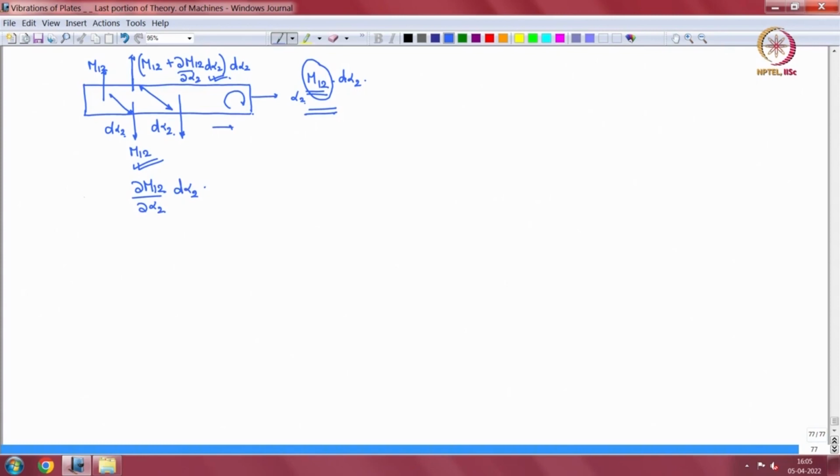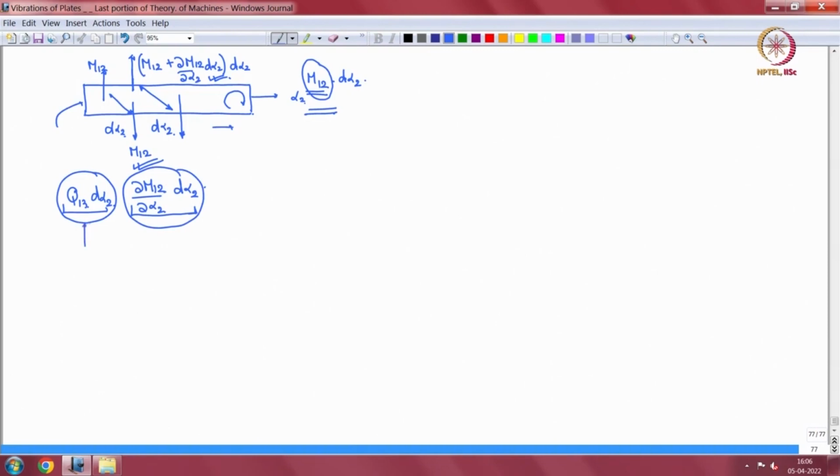Okay, then what do I have? I have Q13 into d alpha 2, that is a force. So this is a force, this is a moment resultant, moment per unit length, and hence that is a force. I have this everywhere on that face, and I have this everywhere on that face.